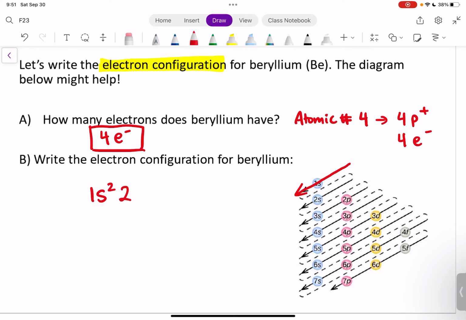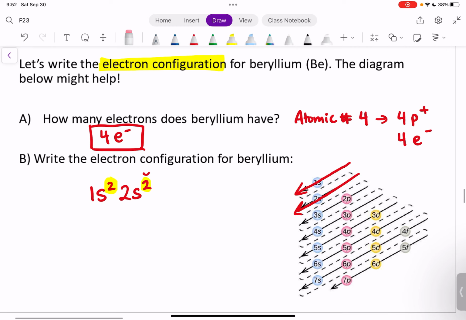All right, and we said that first, our s subshell in our second energy level is going to be filled, right? That's over here again. And so if we have 4 total electrons, and I've already used 2 of them, what number goes here? Yeah, 2, right? For a total of 4 electrons. 2 plus 2.